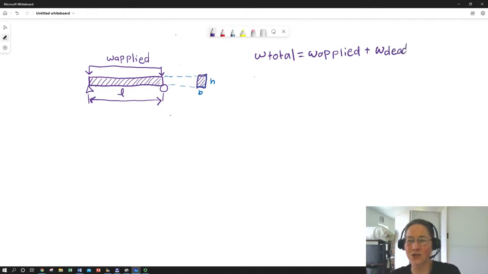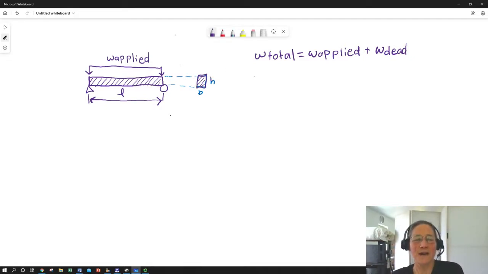Now, we can't go change it after the fact. So our applied load could be a dead load or a live load depending on whether or not it can be changed. But the weight of the beam itself is always a dead load, and you can't change it on the fly. The beam is there. It is what it is. And these are both going to be non-variable along the length of the beam. We're going to assume that they're both the same. So we're assuming a uniform density, uniform material properties.